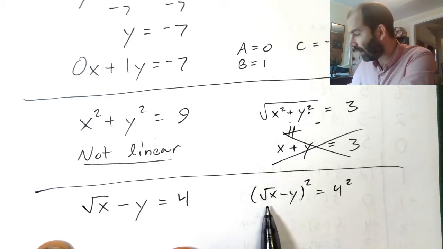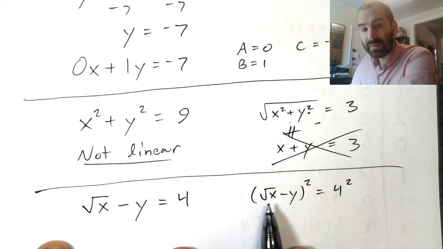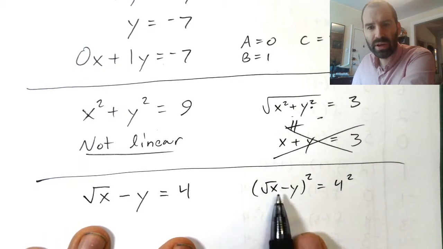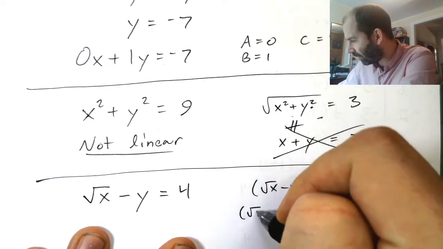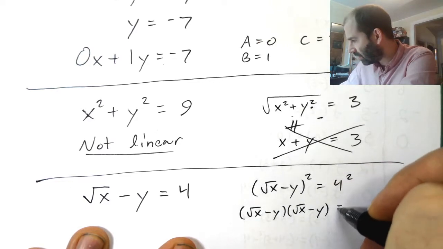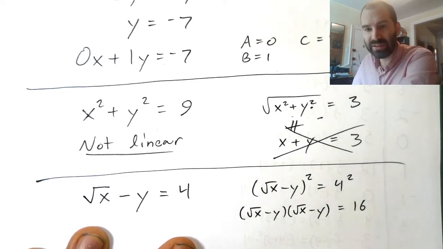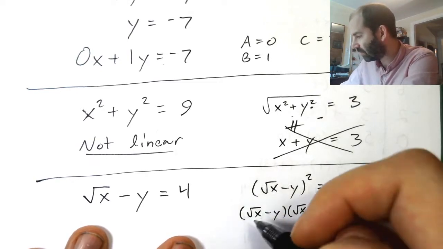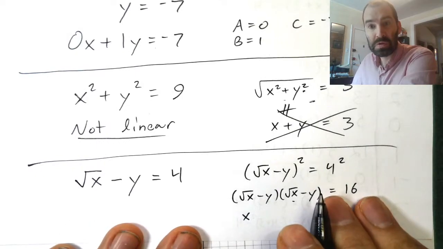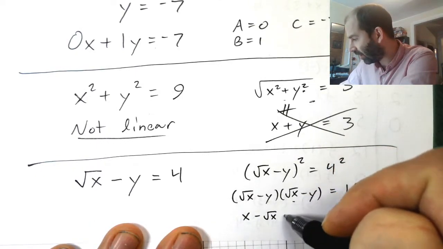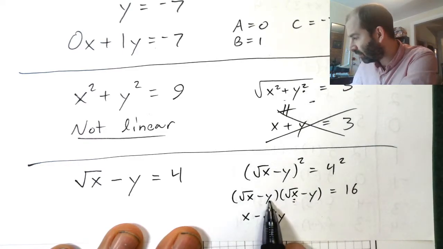Now keep in mind, some of you know the FOIL rule. If that's the one you know, then that's what you can do. Or you could write it like this. If you square something, it's the same as multiplying it by itself, and 4 squared is 16. When I multiply this out, I get root x times root x is x. Oh, that's good. But then I get root x times negative y, so I get a negative root x times y. And then I get another root x times y.